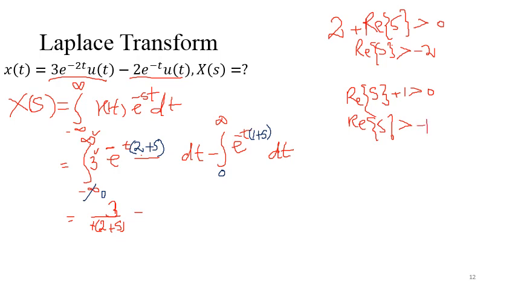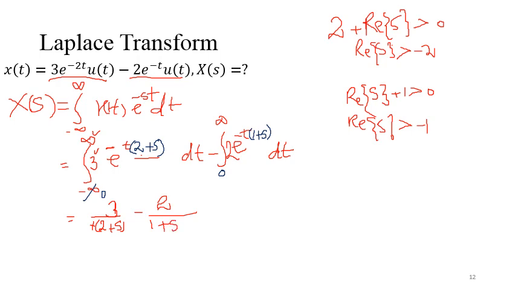Again, if I take the integration, similar, I forgot to write 2 here, there is 2, so it will be 2 over 1 plus s, by putting the limit.